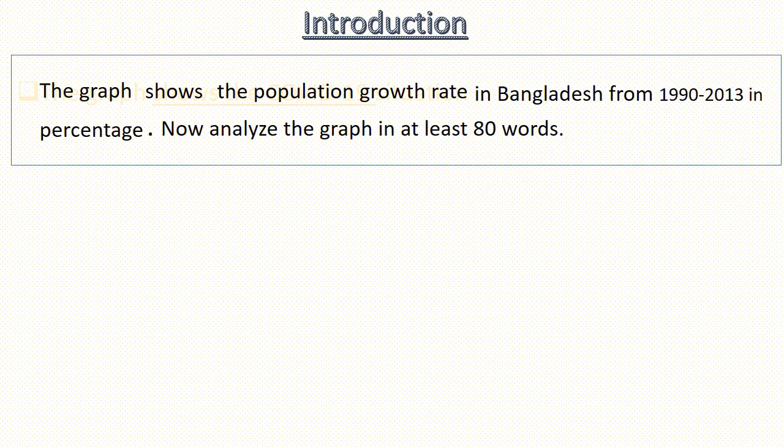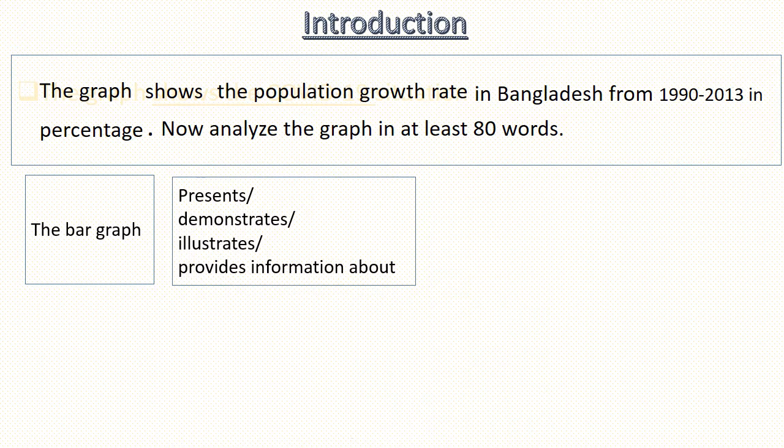Instead of the graph, we can use the bar graph because the graph we are discussing is a bar graph. Instead of shows, we can use presents, demonstrates, illustrates, provides information about any one of the four.